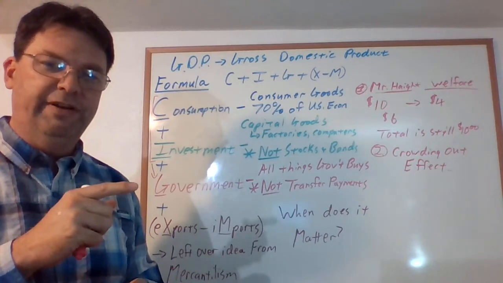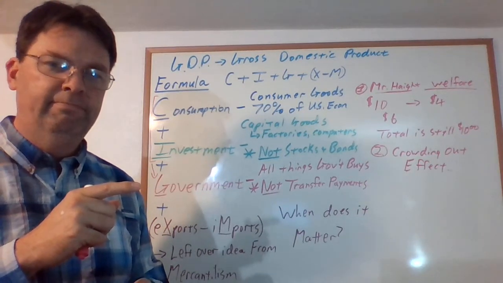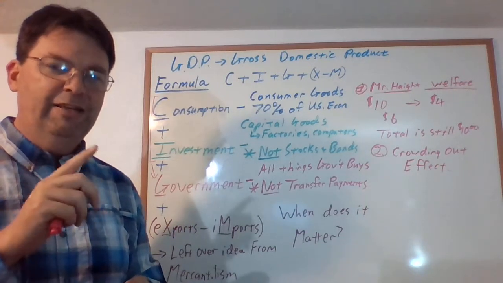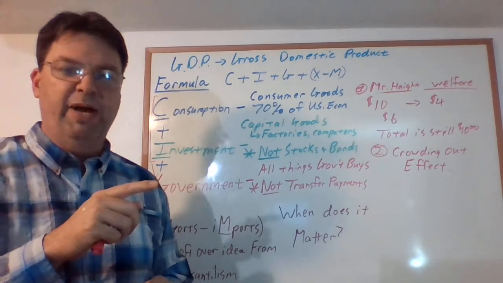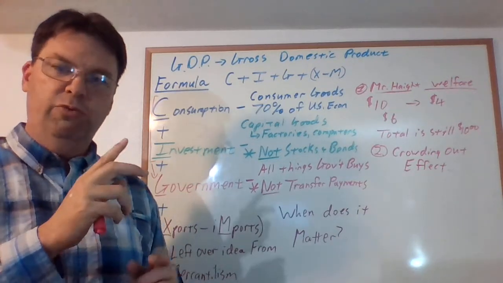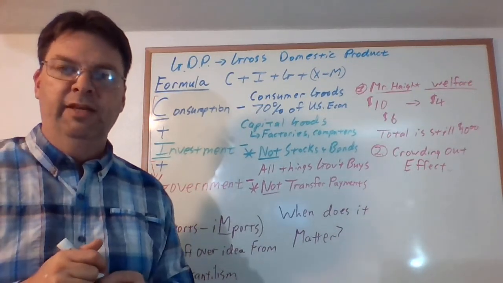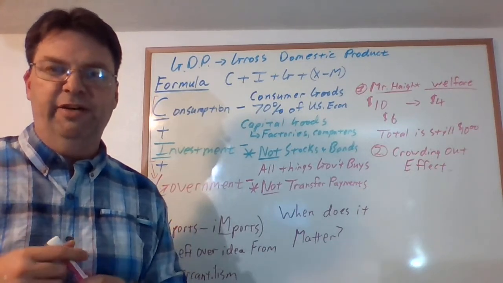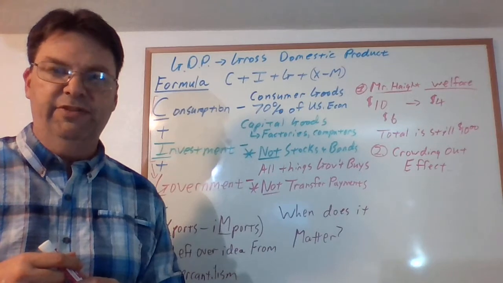What does an aircraft carrier do? It actually sucks money out of the system year after year. So it's a little bit of a misnomer to say, well, if we just buy 30 aircraft carriers, then our GDP goes way up. Yeah, on the mathematical side, your GDP goes up, but not your living standards.